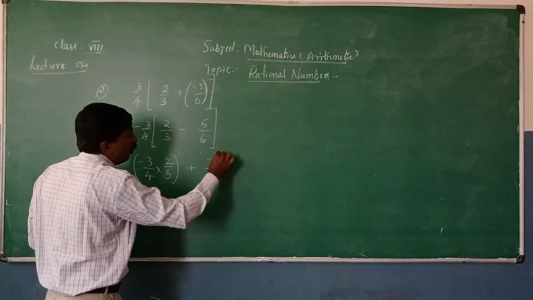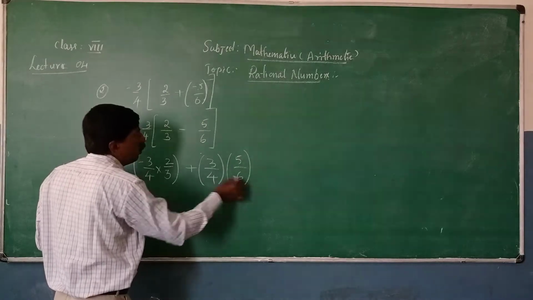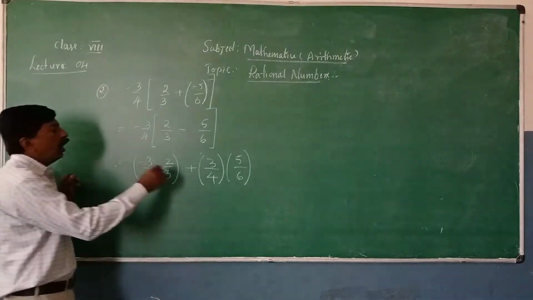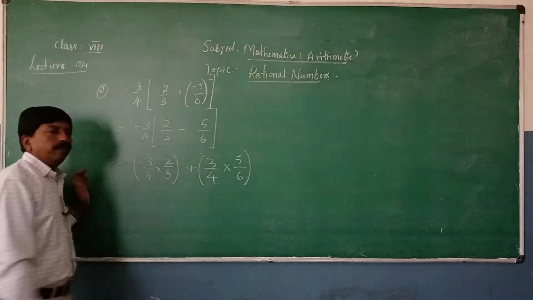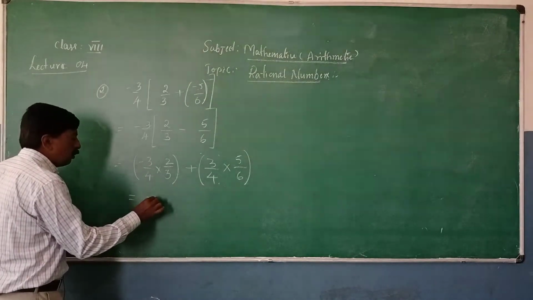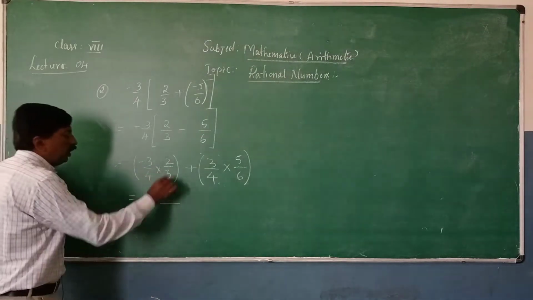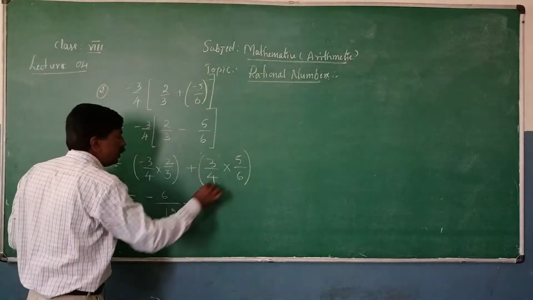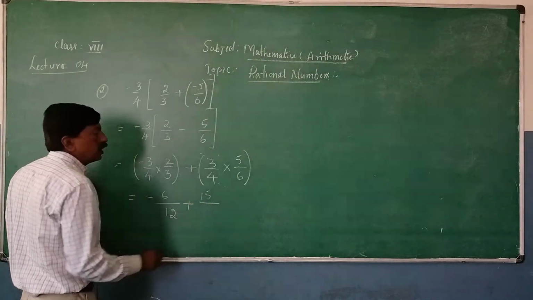3 by 4 into 5 by 6. Either write into or you can use brackets like this. It indicates product. Or here itself you can write into. Any one you can follow. Now which is equal to minus into plus is minus, 3 2s are 6 divided by 4 3s are 12, plus 3 5s are 15 divided by 4 6s are 24.